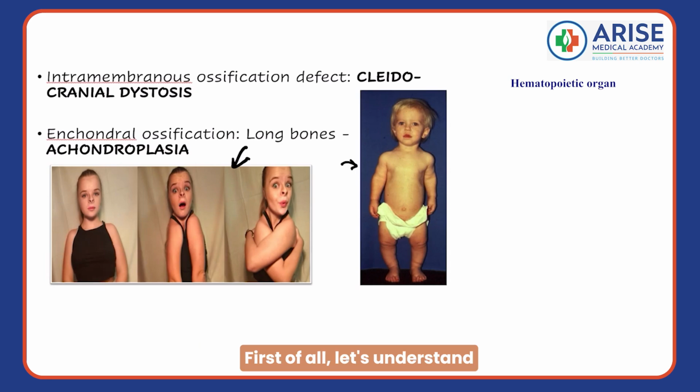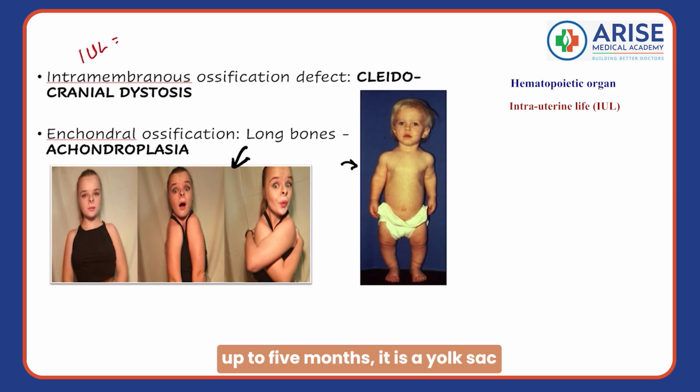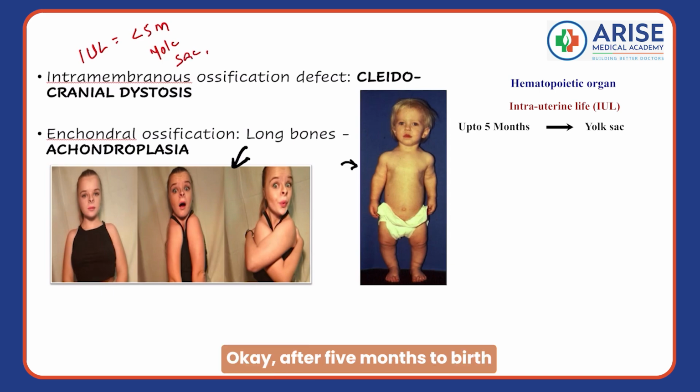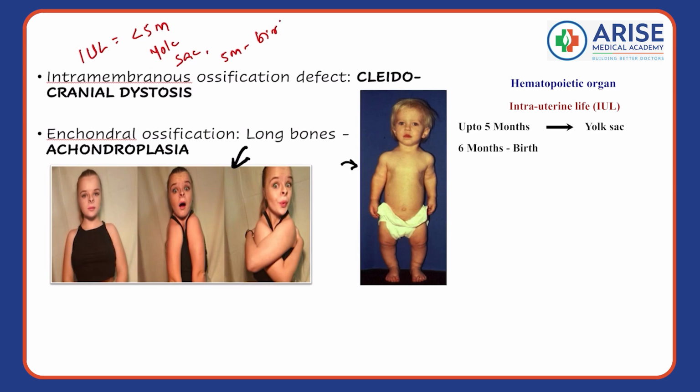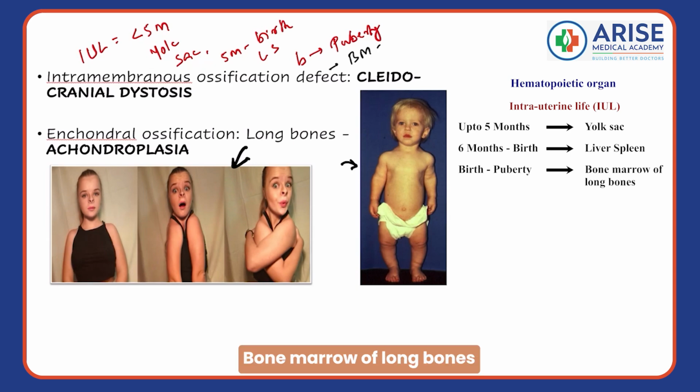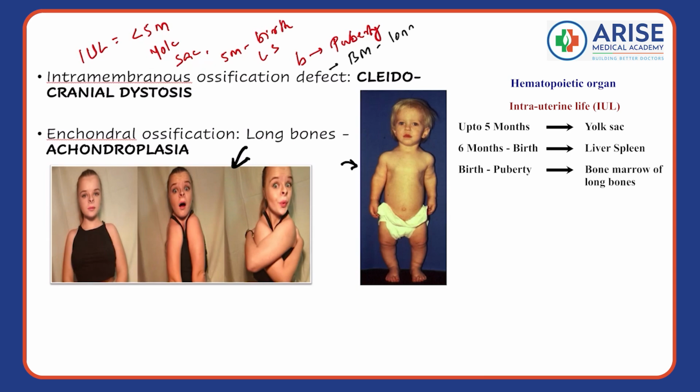First of all, let's understand: in intrauterine life, up to 5 months, it is the yolk sac. After 5 months to birth, it is liver and spleen. After birth up to puberty, it is the bone marrow of long bones.